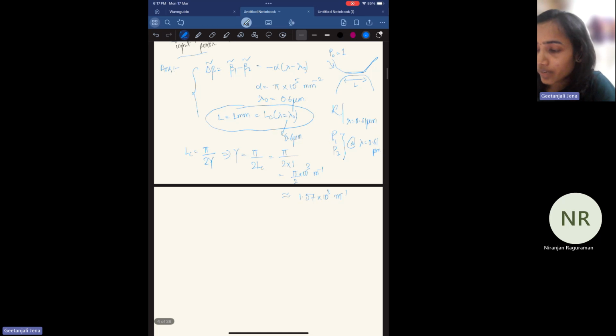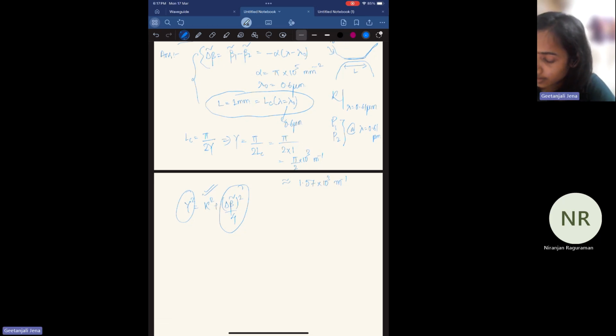Now for calculating the coupling coefficient, if you recall, gamma square is kappa square plus delta beta square by 4. We know gamma, and we can calculate this value, then we can easily calculate the value of kappa now. Delta beta is already given, in this expression.